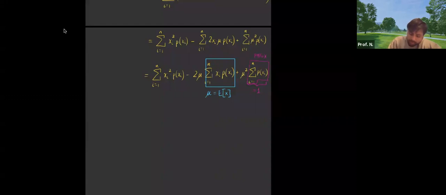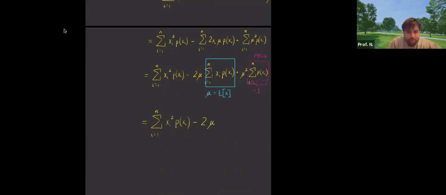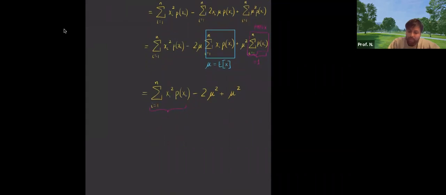So far, what do we have? We have the summation of x sub i squared, p of x sub i, minus 2 mu times mu, which would give me mu squared, plus mu squared. Do you guys see that? And now, what is this going to be? This might be a little harder to understand.